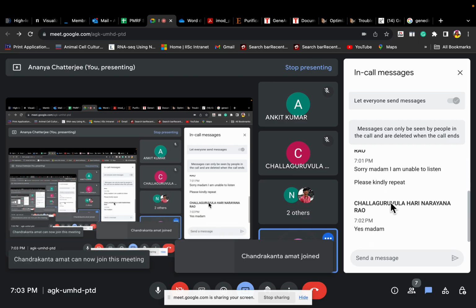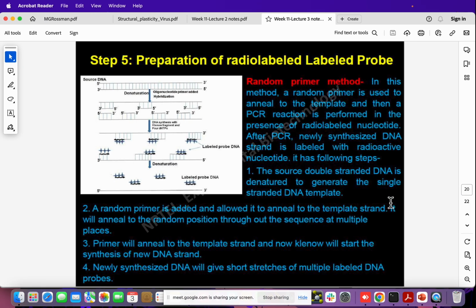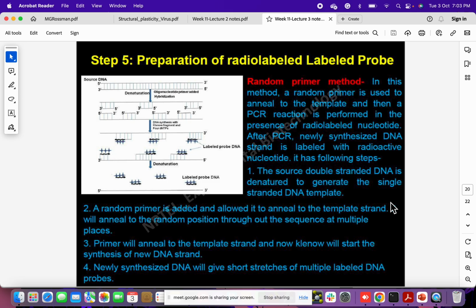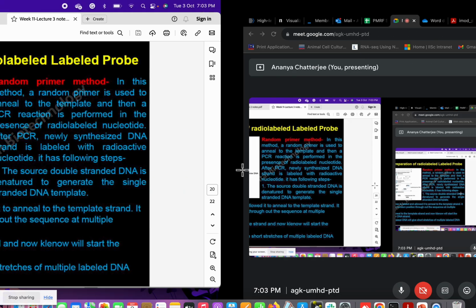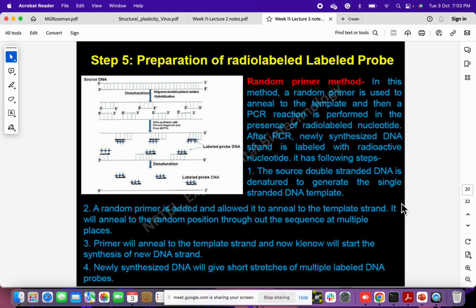So that's why you need to hybridize. Now to detect the signals whether it is binding or not, you need to have a radio labeled DNA probe so that you can get an autoradiogram. So this is the need of hybridization and a radioactive probe DNA which will go and bind, which will hybridize basically. Okay.